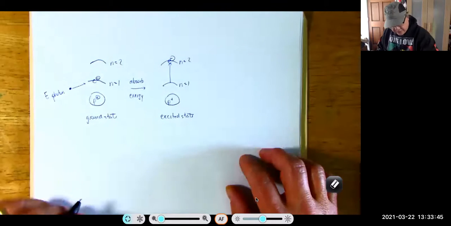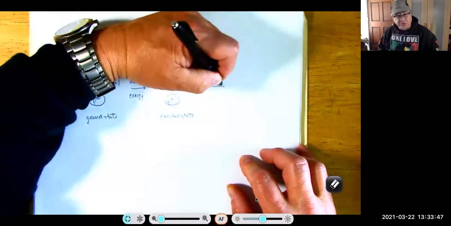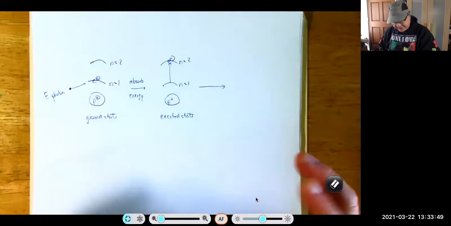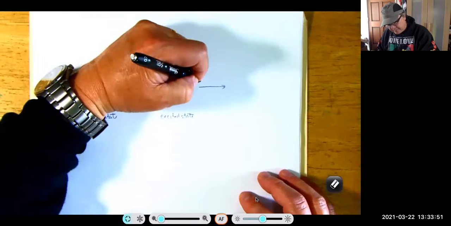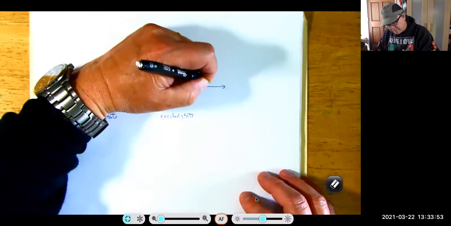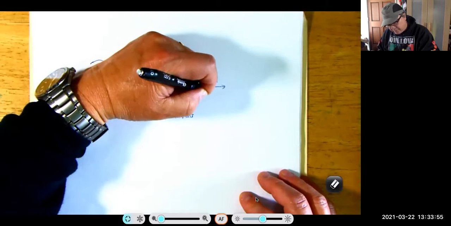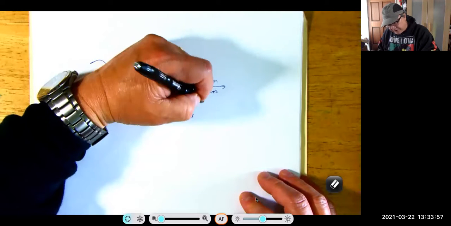Now, turns out that the electron can relax. And we call this an emission.